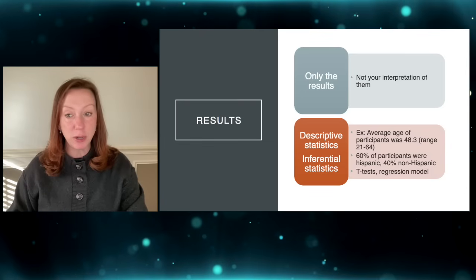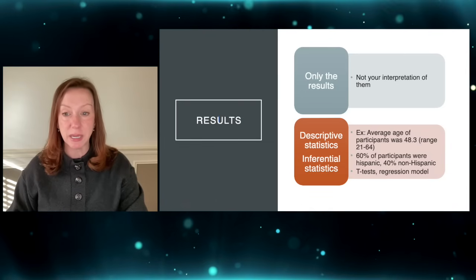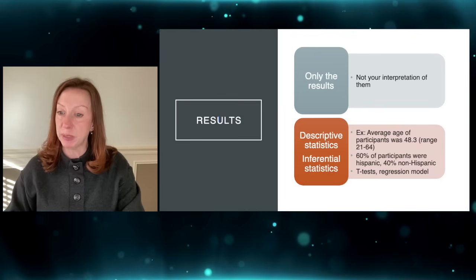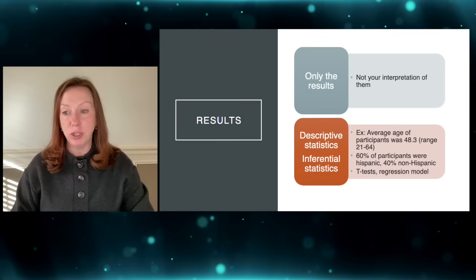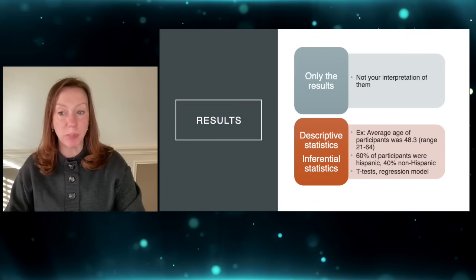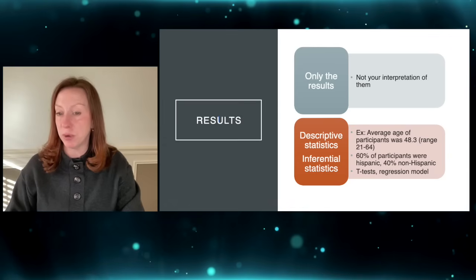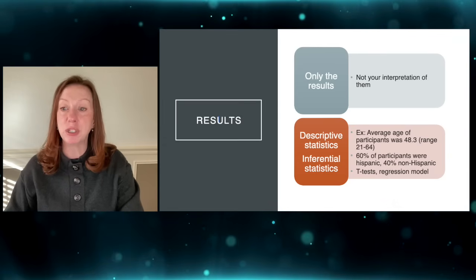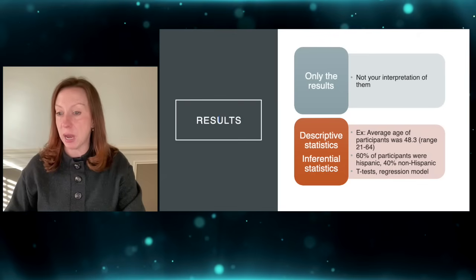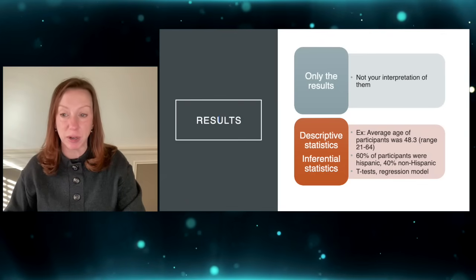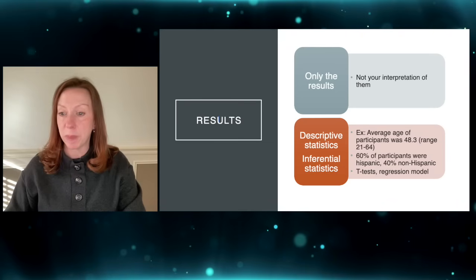The results may include descriptive statistics. So again, this would be describing your population in a quantitative manner. For example, you may list the average age of your participants. Could be 48.3 years. Then you would list your range of 21 to 64 years. It would also include potentially racial and ethnic variables, as listed here.